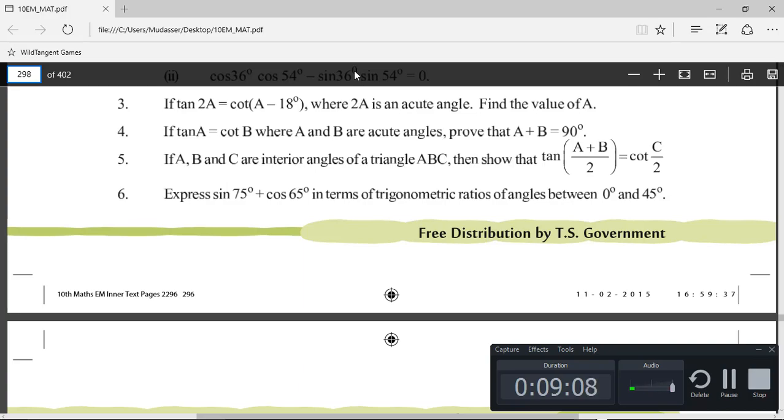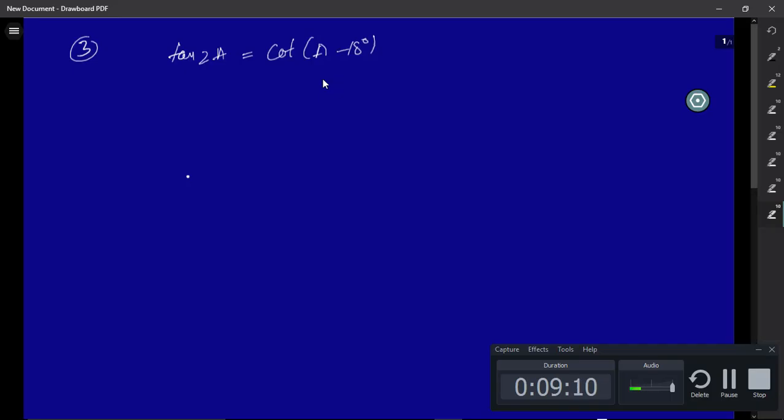Okay. I can write the left hand side as cot of 90 minus 2a, because everybody knows that cot of 90 minus theta is tan theta, right? So tan theta I can write as cot of 90 minus theta. So I'm writing tan 2a as cot of 90 minus 2a.